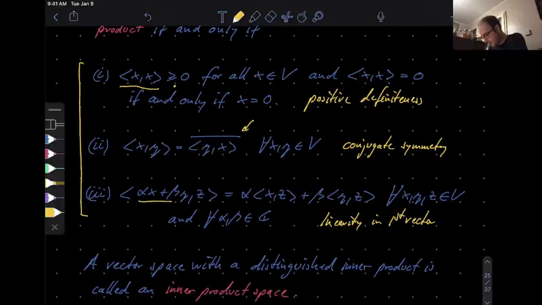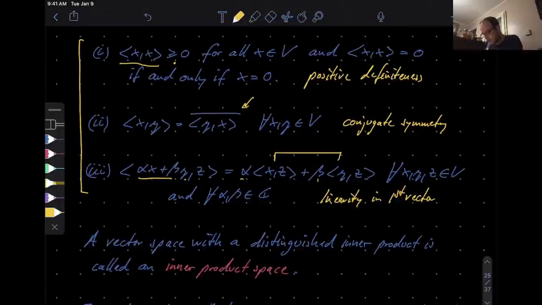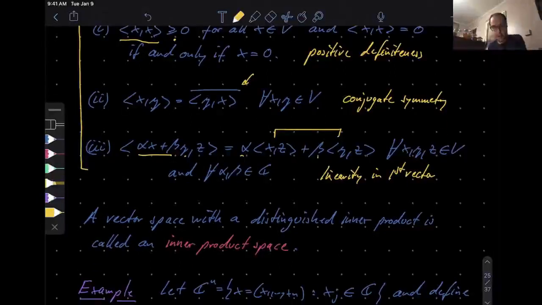If here's alpha x plus beta y, then the alpha goes out, the beta goes out as well, and you add up the two inner products. If you have a vector space with a distinguished inner product on it, you call it an inner product space, exactly as in linear algebra. You have to be a bit careful if you read books on functional analysis. There are competing conventions as to where the inner product is linear.